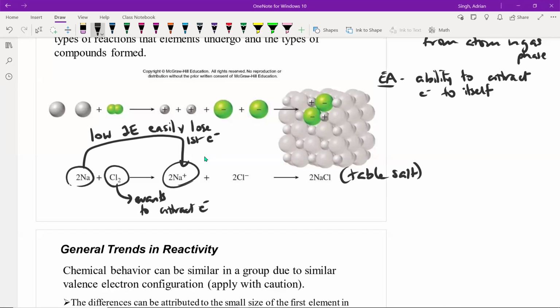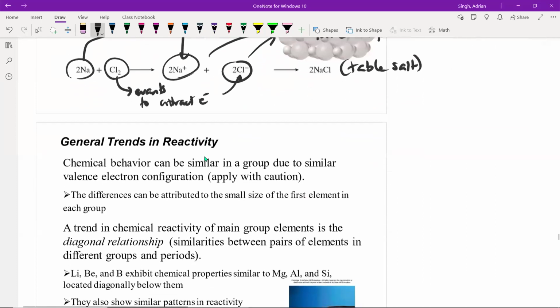The sodium loses its electron very easily. The chlorine wants the electron. It forms a negative ion. And as a result, these 2 things come together to make our ionic compound, where we have positives and negatives right around each other. Right, so we can use the IE and the EA, ionization energy and electron affinity, to try to explain some of the reactivities that we're going to observe.